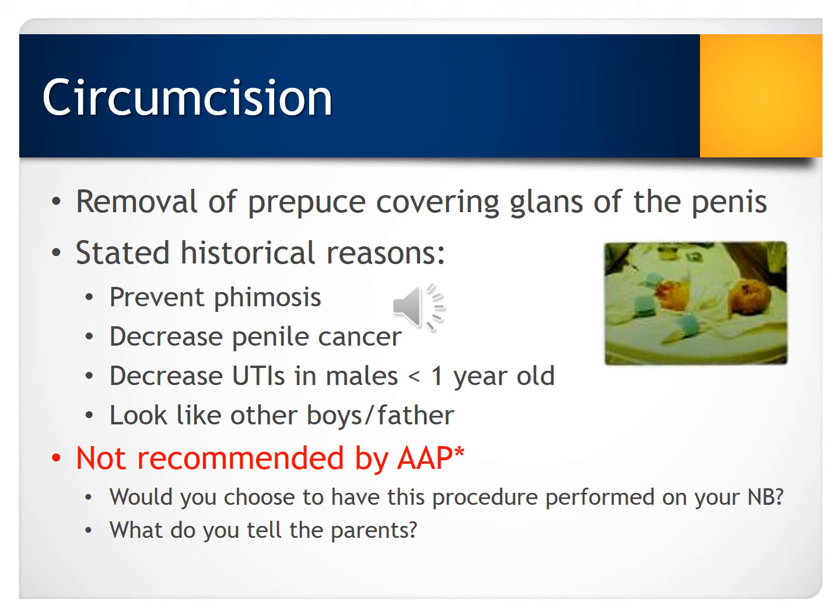And if you can guess what percentage of males in the US are circumcised based on the latest data, would you say it's greater than 50%, 50%, or more than 50%? So slightly above 50%. So around 60% of US males are circumcised in the newborn period.